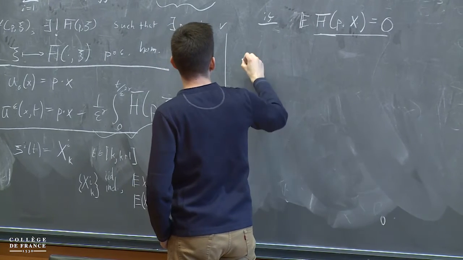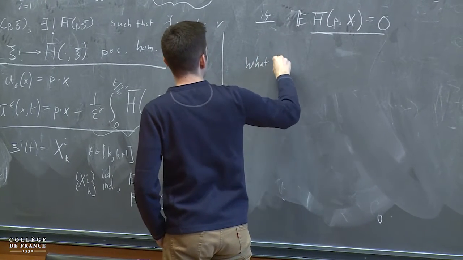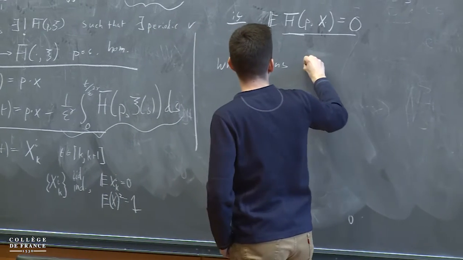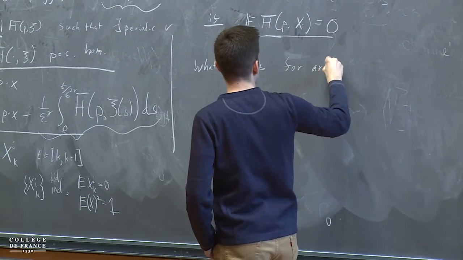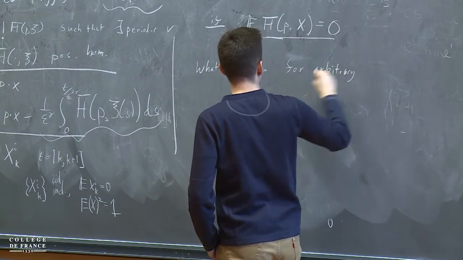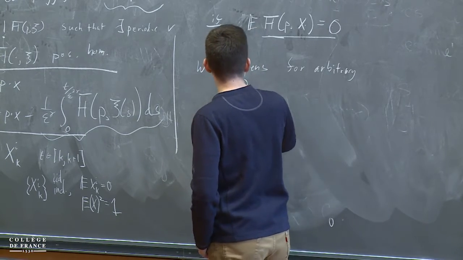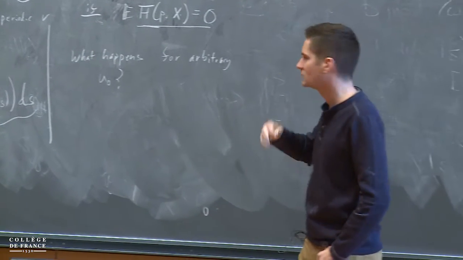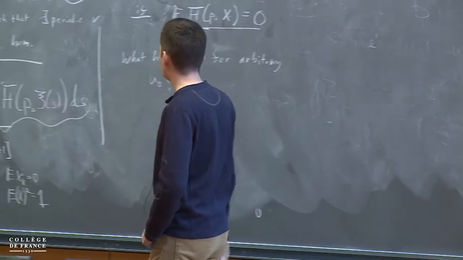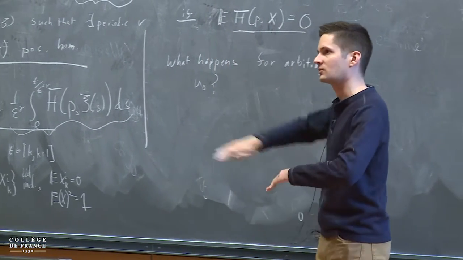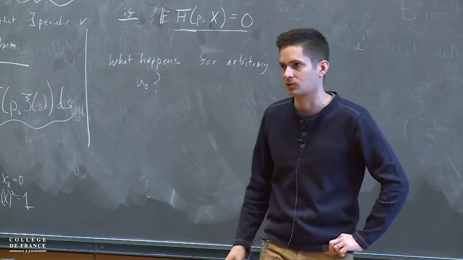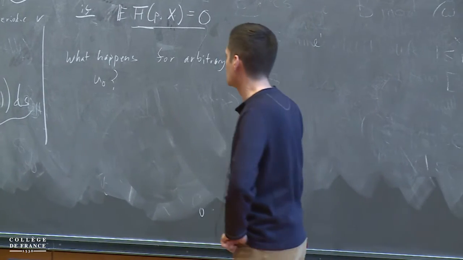The other problem is we have to figure out what happens for arbitrary U naught. And this is not so obvious. This is not the type of problem where knowing what happens for affine data is enough to tell you what happens for any data.